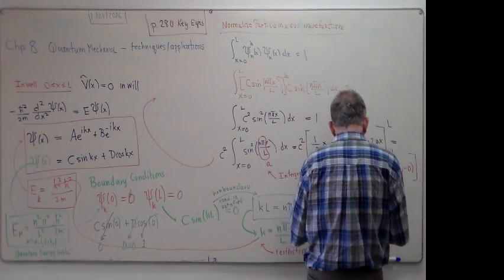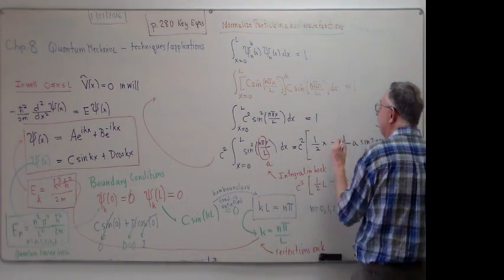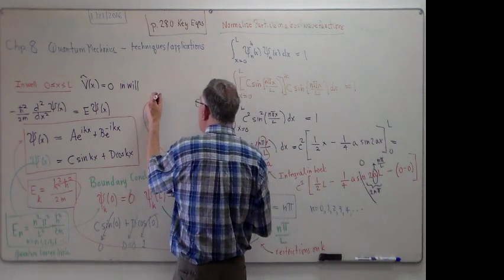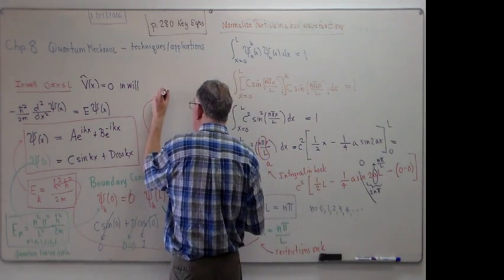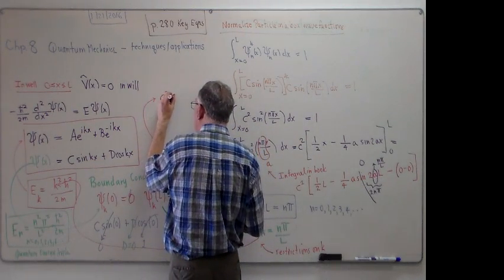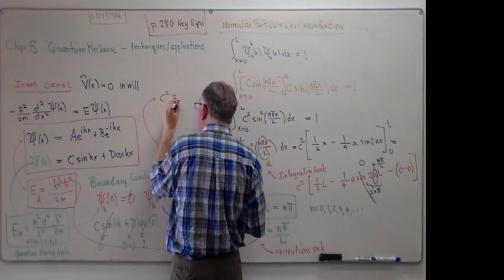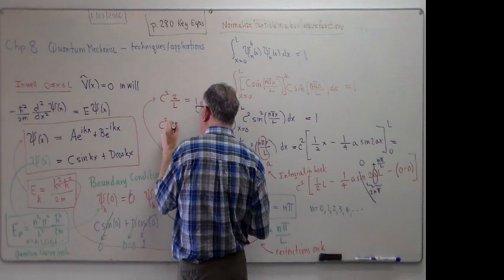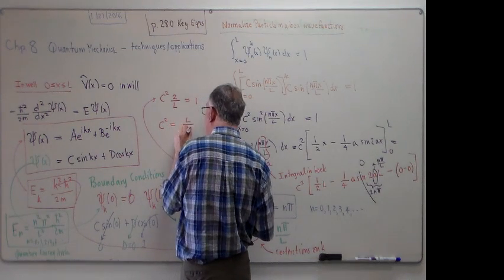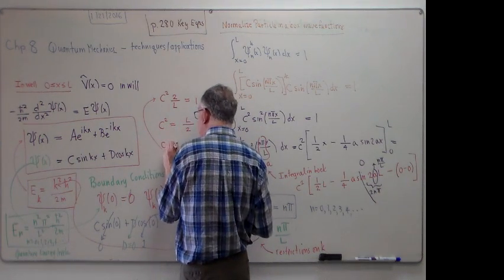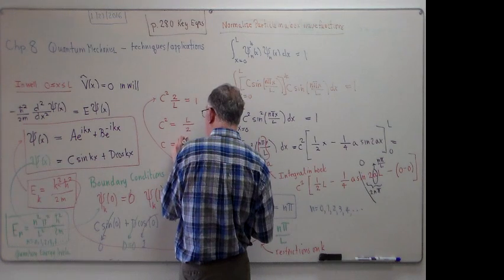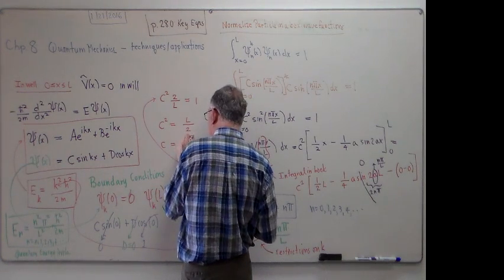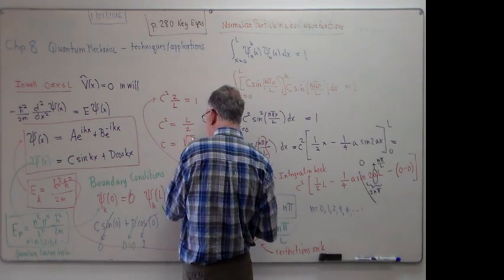Okay. So we have the result. If you factor this all out, it's c squared times 2 over L equals 1, or c squared equals L over 2, or c equals the square root of L over 2.